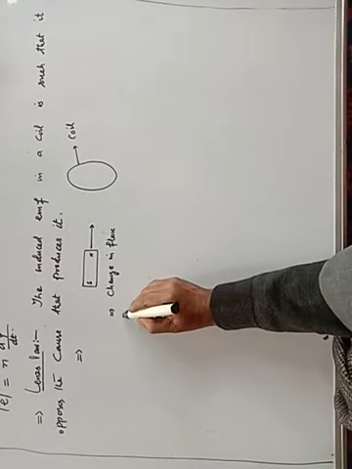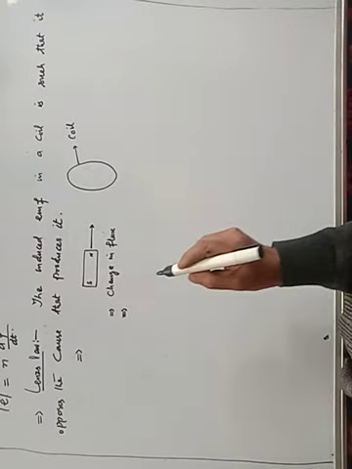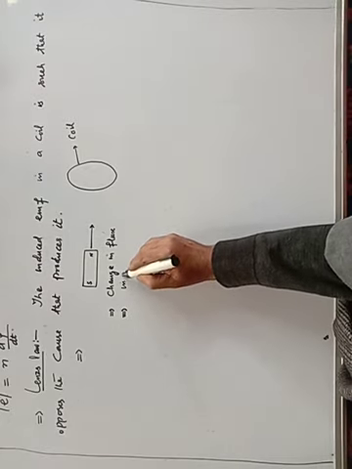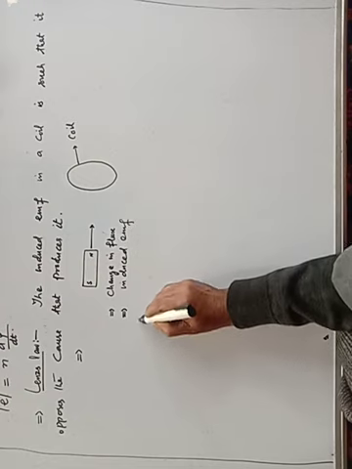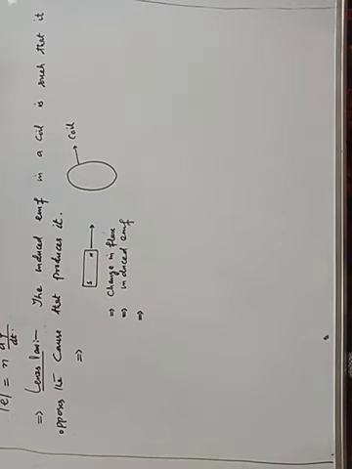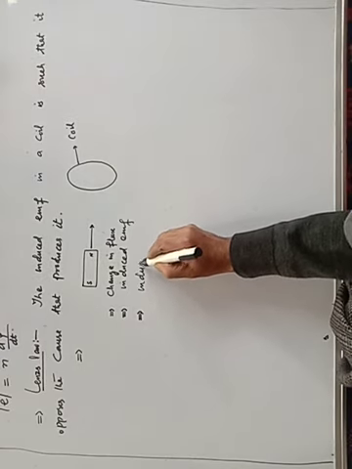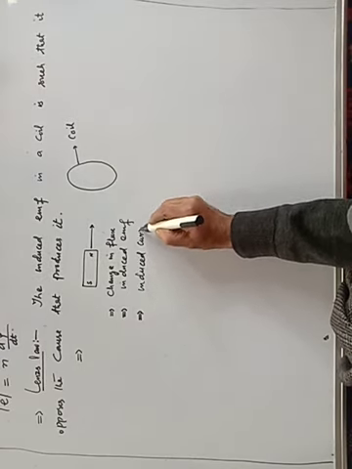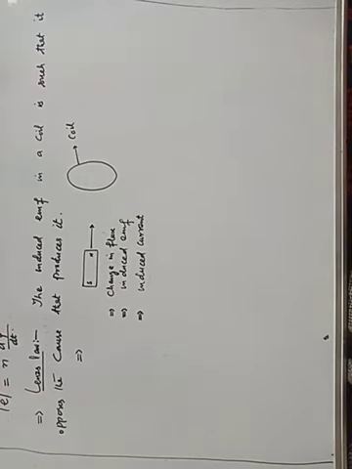When there is change in flux, as you know, there is induced EMF, right? When there is induced EMF, there is induced current. And what is the direction of the current?